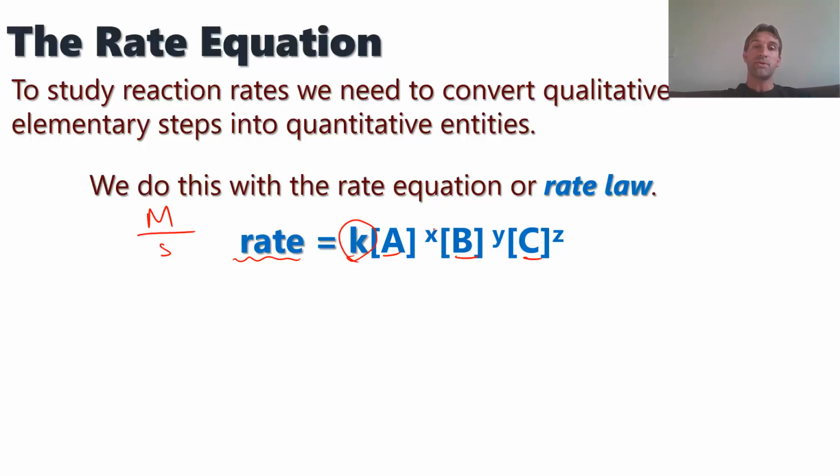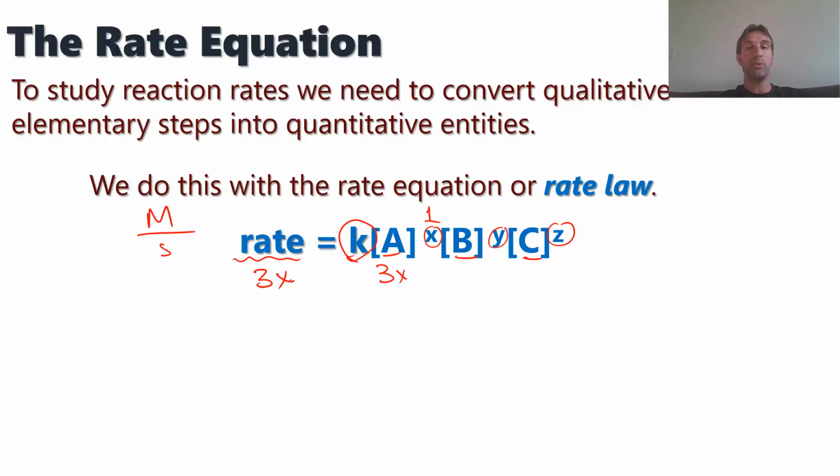Our exponents here, the x, the y, and the z, those we refer to as the order of that reactant. And really, it is a power. It's just an exponent. If I'm trying to figure out the rate, let's say I take A and I triple it, if I go 3 times as much A, if the order of A is 1, that's going to essentially lead me to having 3 times the rate.